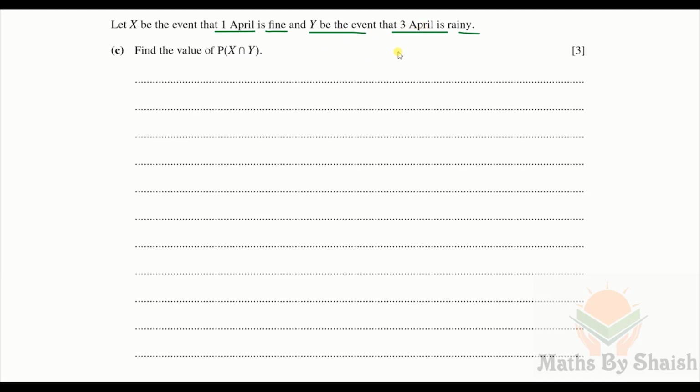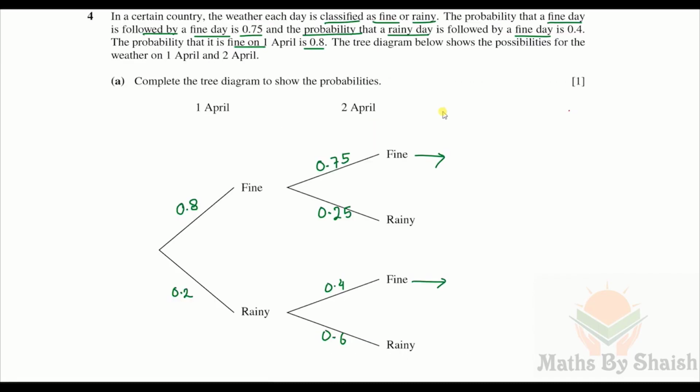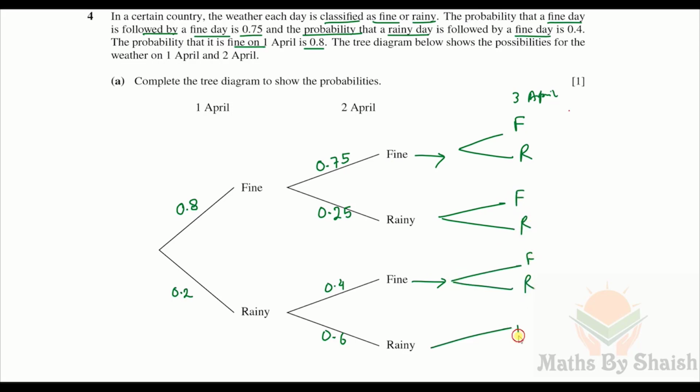We'll get back to the tree diagram once again. So let's say it is 3rd April, then fine we can get from here fine and rainy, again from after rainy it is fine and rainy, then again from here fine and rainy, then from here again fine and rainy.